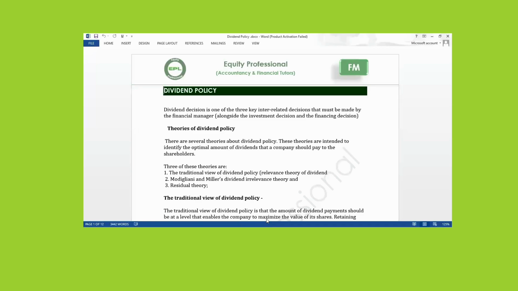The finance manager must determine the appropriate method of financing that will minimize cost of finance. That question will be answered under financing decision.